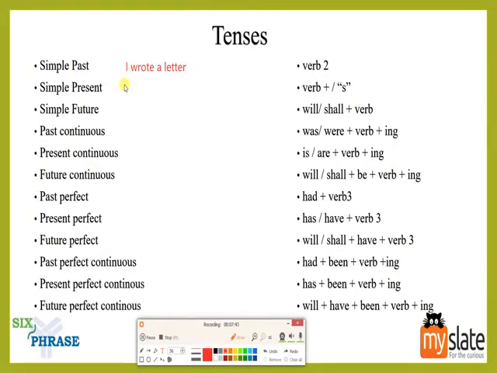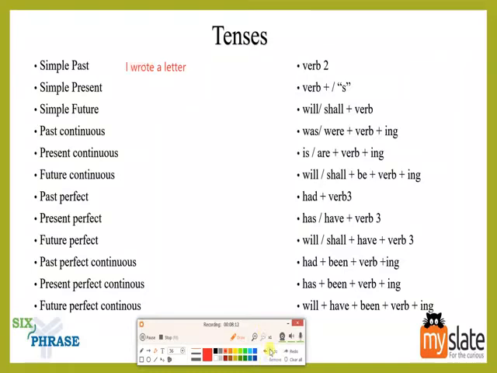So if I need to write about simple present, okay. Before that, I'll just tell you, in simple past, this wrote form here, whatever we have wrote here, wrote is your verb 2, right? Wrote form, that is actually your verb 2, okay. Oh, it's malfunctioning.